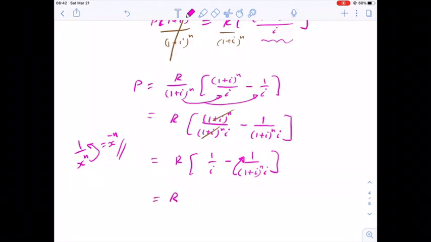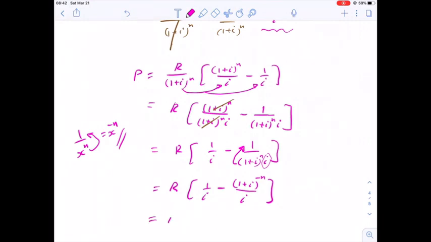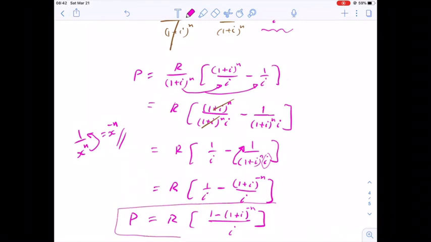So we have R times (1 over I minus (1 + I)^(-n) over I), because we still have I in the denominator. We didn't bring it up. So we have R times, with a common denominator I, in the numerator 1 minus (1 + I)^(-n). This is called the present amount or present value of an annuity. So this gives us the current value of an investment.